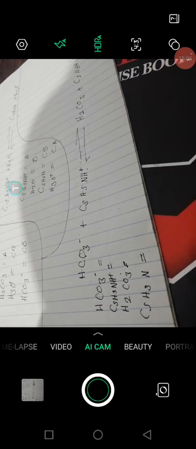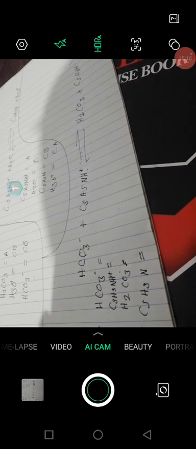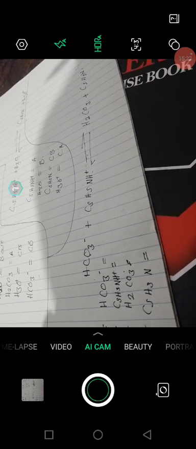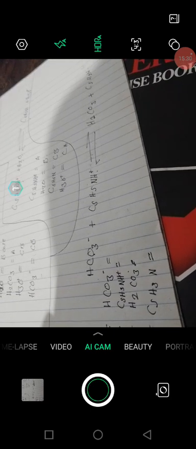Because if I've got a negative here, its charge is negative 1. If I've got a plus there, its charge is plus 1. So if you add the charges, you find it gives 0, neutral. Negative 1 plus 1, that is 0.